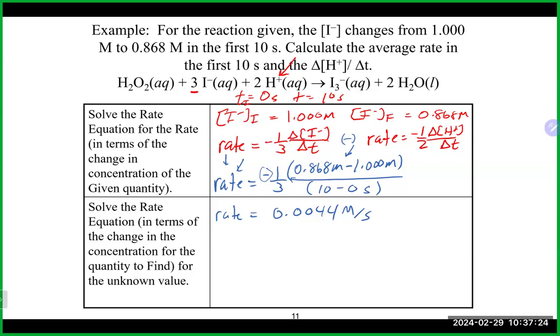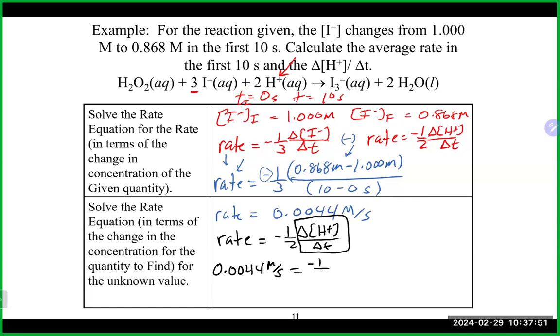Now, that's going to be helpful because if we now look at H plus, which is what we're interested in, we have the rate is equal to -1/2 the change in concentration of H plus over the change in time. In this particular case, that is pretty much what we're looking to solve for. So we have 0.0044 molar per second equals -1/2 the change in concentration of H plus over the change in time.